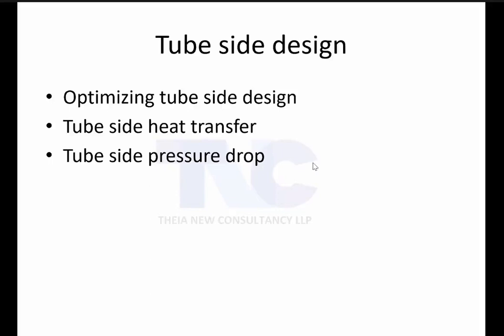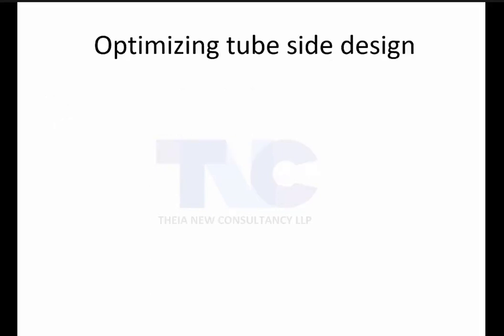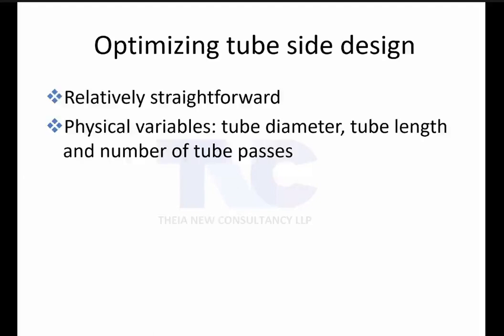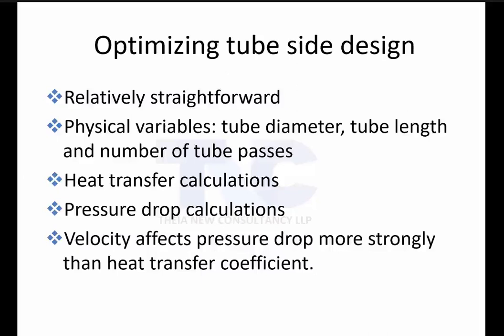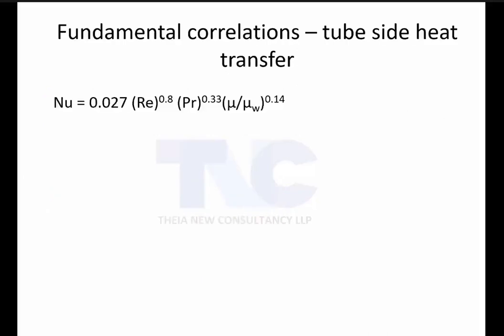Now, this is a little bit of theory, but I want you to understand the concept behind it. Once you pass out from college, it is very difficult to remember all these equations, but it is always good to remember the concept behind them. The fundamental equation we are going to deal with is the Dittus-Boelter equation, the fundamental of your heat transfer.